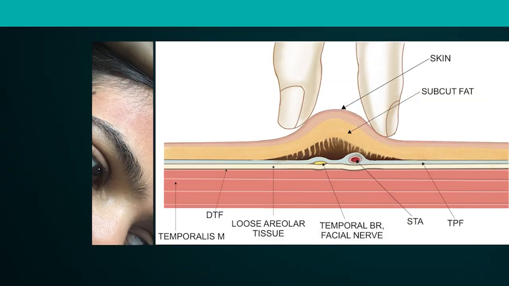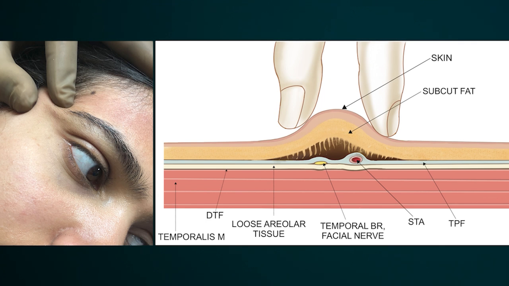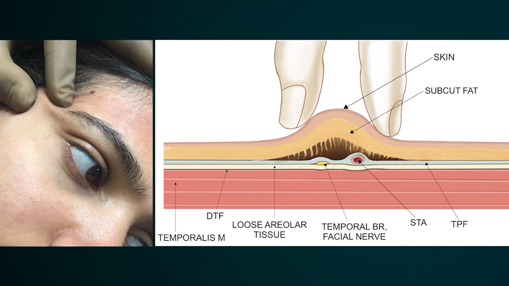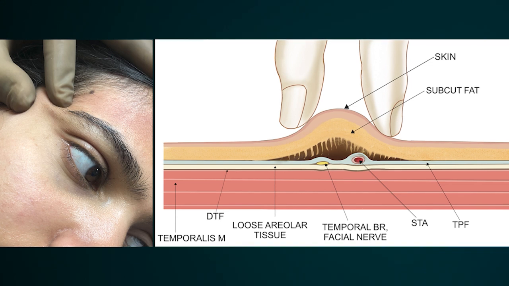When you gently pinch the temple, the superficial tissue layers, including the skin and subcutaneous fat, are compressed and then they move upwards, while the deeper structures like superficial temporal fascia and the vessels remain mostly unchanged. This gentle pinch is typically used when injecting into the superficial layer for skin rejuvenation.